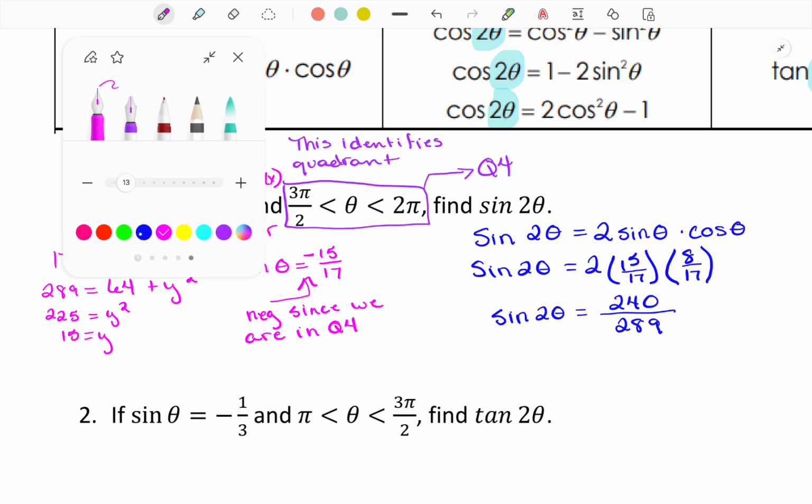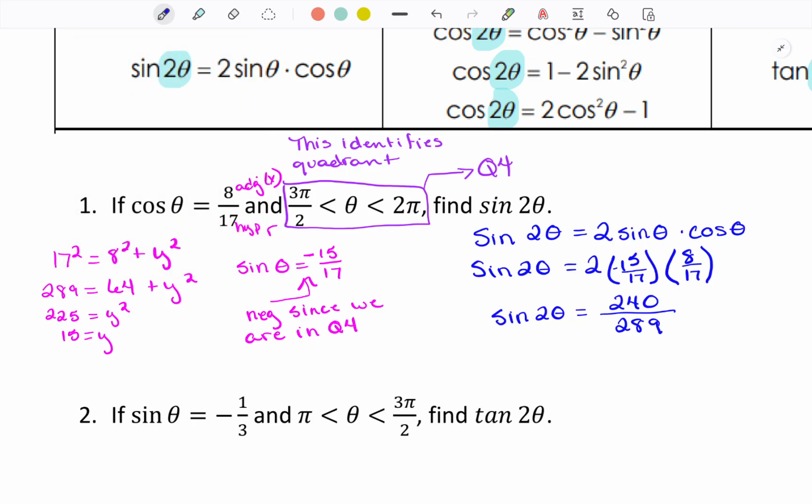And so then actually when we multiplied this, we should have had a negative 15, which gave us a negative 240 over 289. Now, a lot of people will just do the basic math with this and then put the appropriate sign when they get their final answer. That is also acceptable. That's actually the way that I was taught to do this. And so that's why sometimes I go back and I just add the signs later. So this is our final answer though.